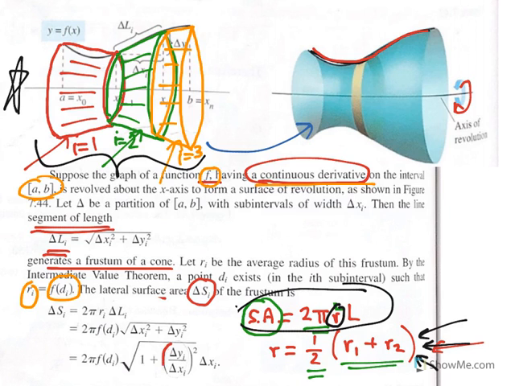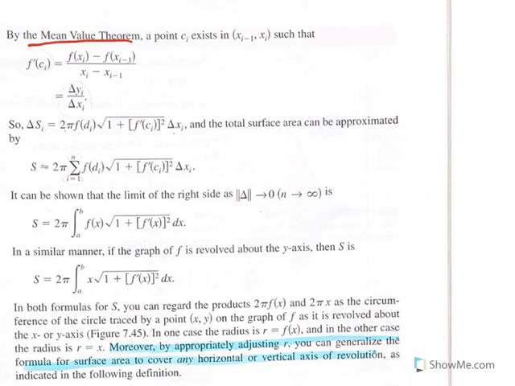We use the mean value theorem to make a substitution for this quantity with f prime of c sub i, just like we saw in the previous lesson. And it is required that the function f have a continuous derivative so that the mean value theorem would be applicable, as we discussed in the previous lesson, so that the mean value theorem would be applicable on any subinterval of the closed interval from a to b.